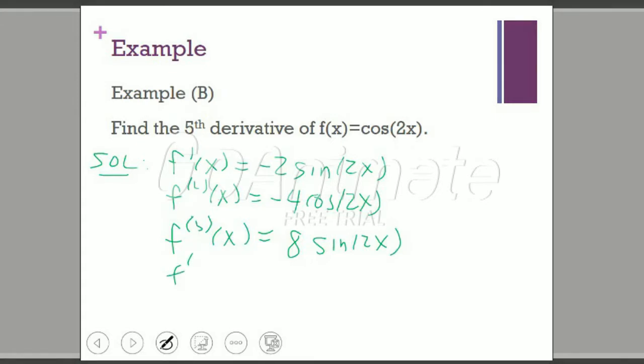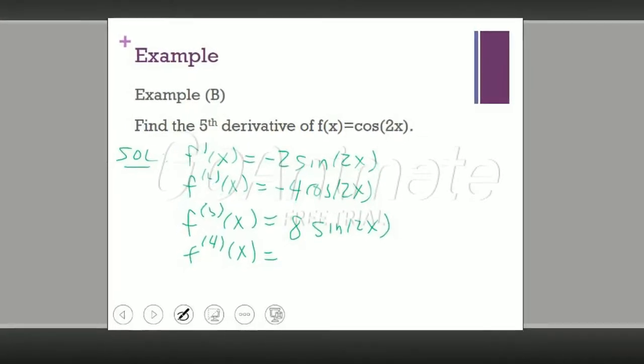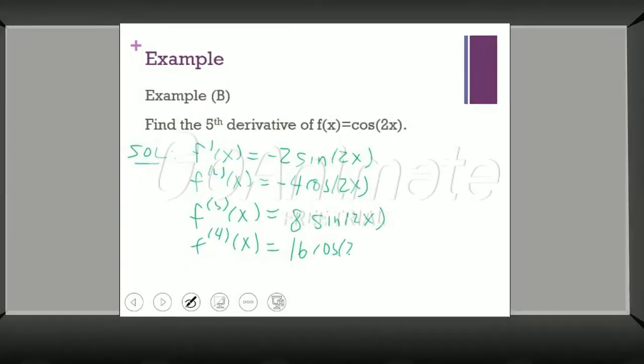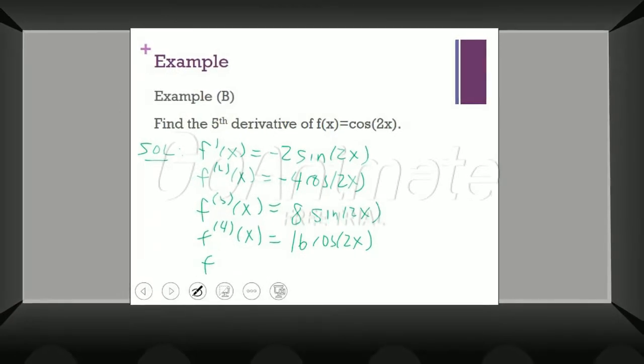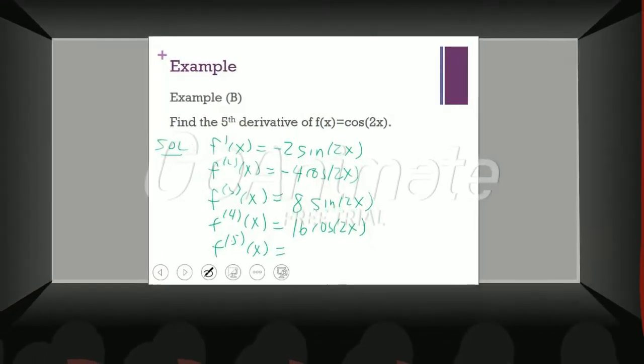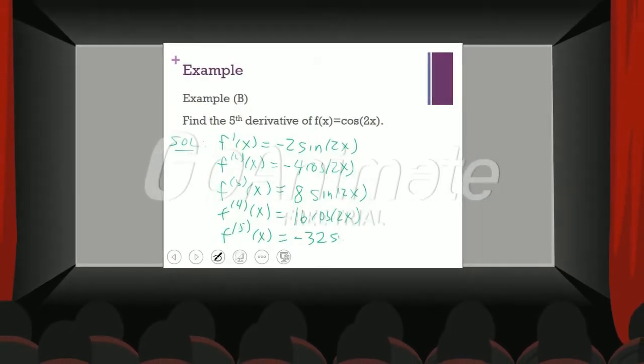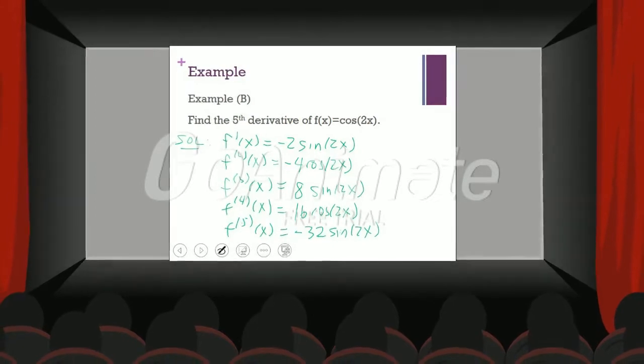Fourth derivative, so 16 cos 2x. And then the fifth derivative finally, just minus 32, because the derivative of cosine is minus sine, right? So sine 2x. That's it.